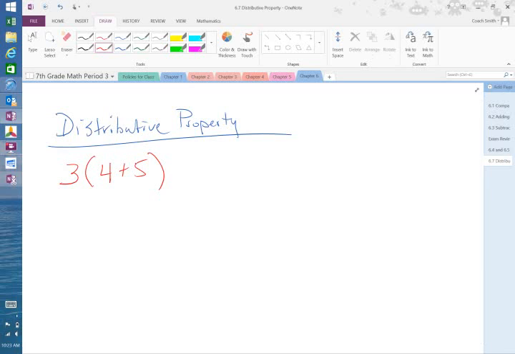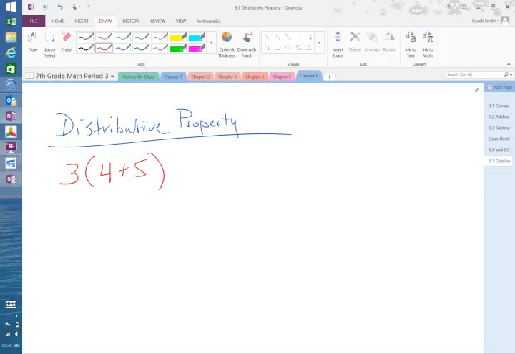Okay? That's what our order of operation says. So if I follow order of operation for this problem, what would I do first? 4 plus 5.